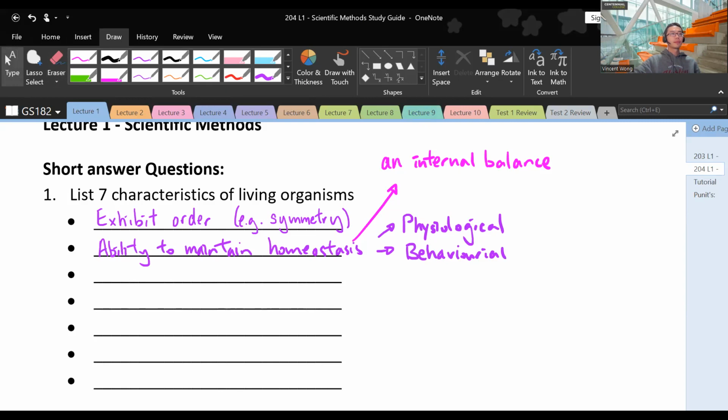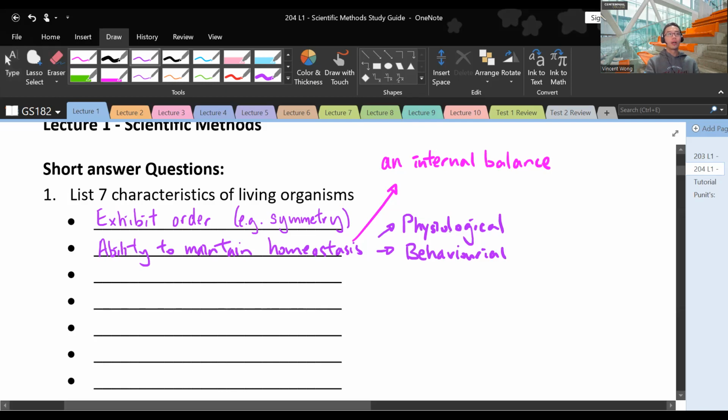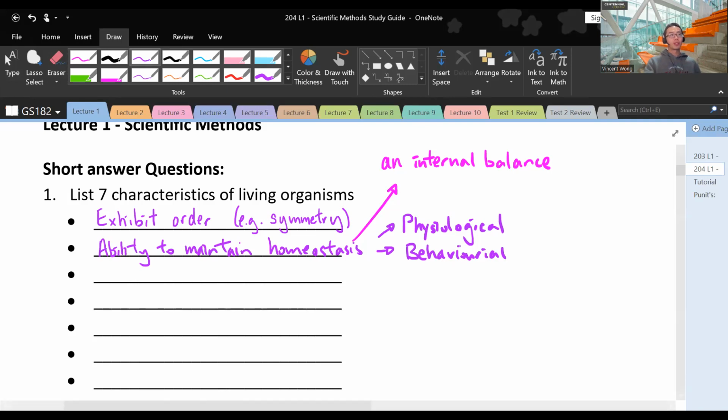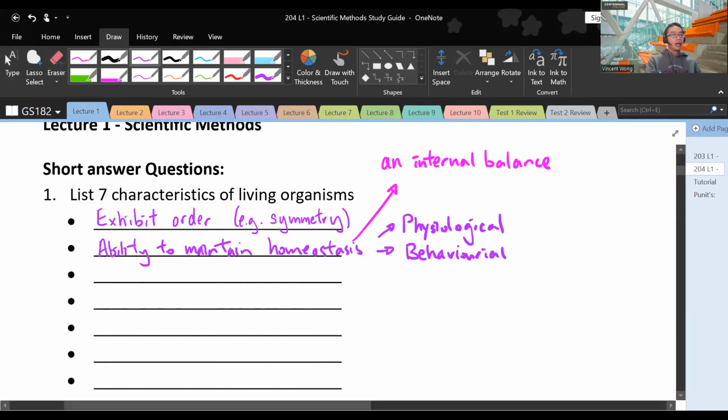Thank you. An example of a behavioral mechanism would be you wearing a sweater. Yeah, that would be perfect. Exactly. So behavior is something that you purposely, deliberately do, whereas physiological is more something autonomic, something that your body does for you.